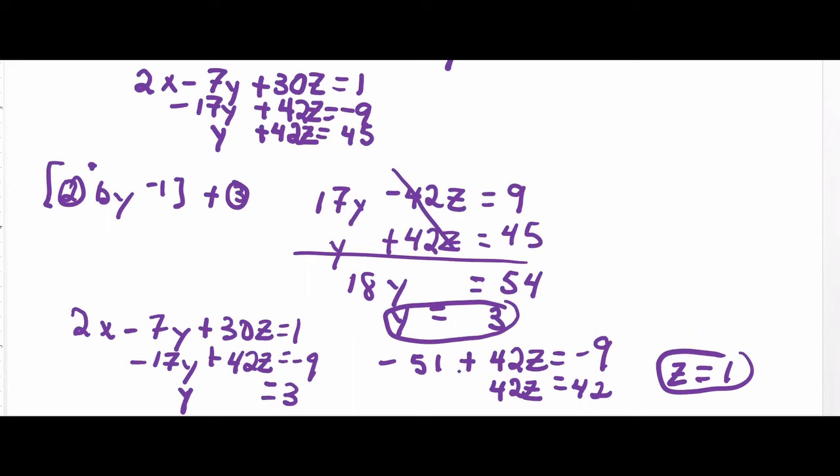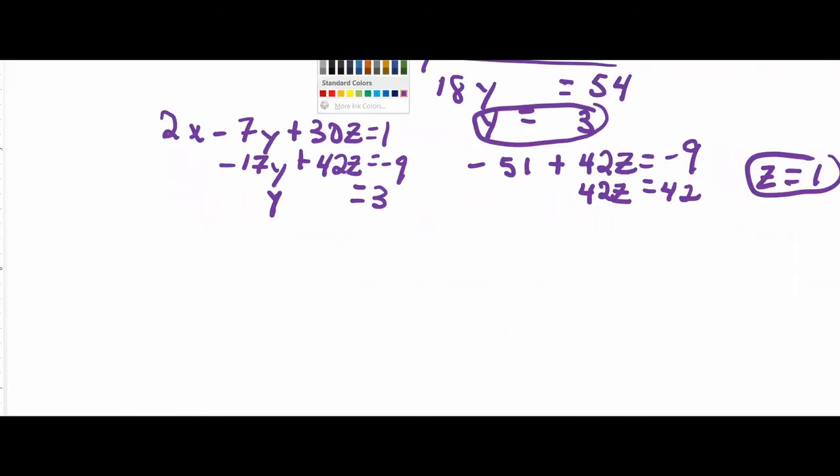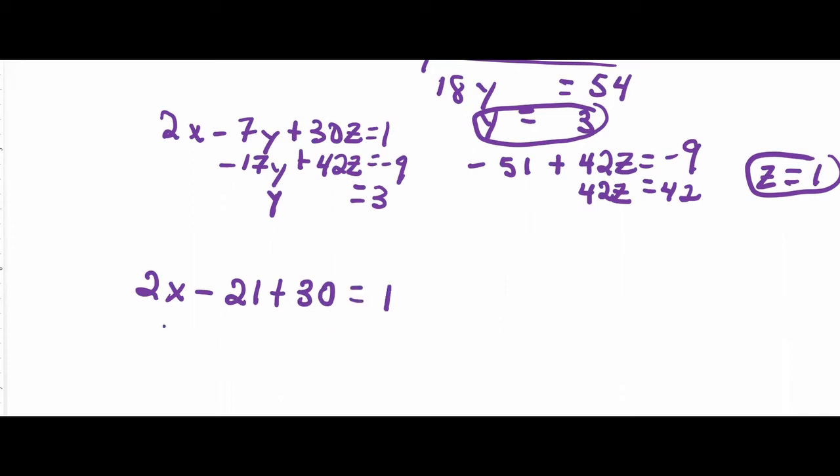Plug both y and z into that first equation, and we'll have what x is. So 2x minus 7 times the 3 for y, minus 21, plus 30 times the 1. 30 times 1, of course, is 30. And that equals 1.